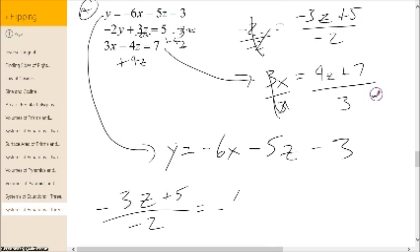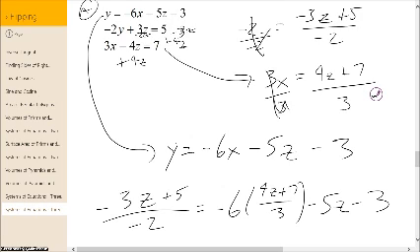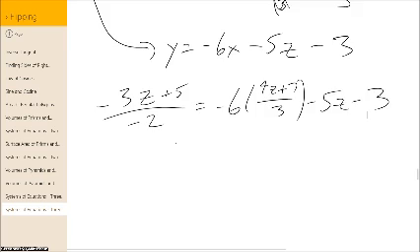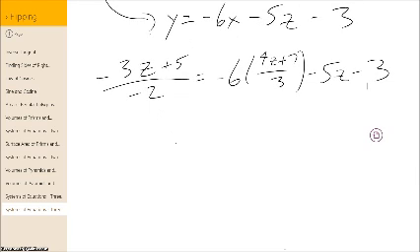This is equal to negative 6, and now we're going to plug in for x: 4z plus 7 over 3, minus 5z minus 3. Okay? It's very important that you pay extra special attention to the signs on everything here, because if you drop one sign, the whole thing is going to be off, and it could cost you a fair bit of time. All right, let's not worry about the left at all for right now.